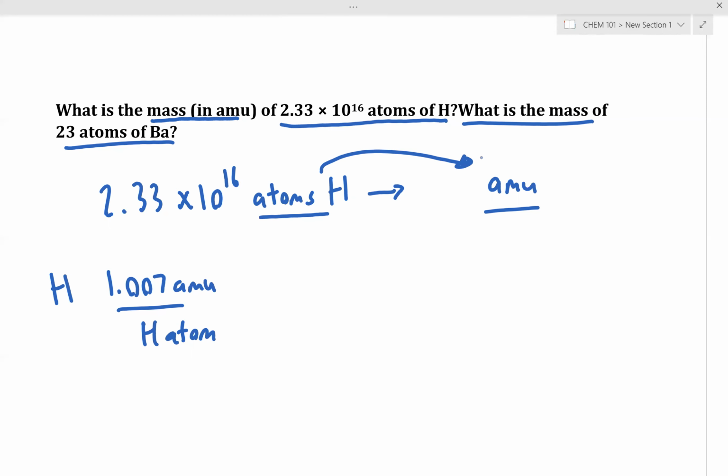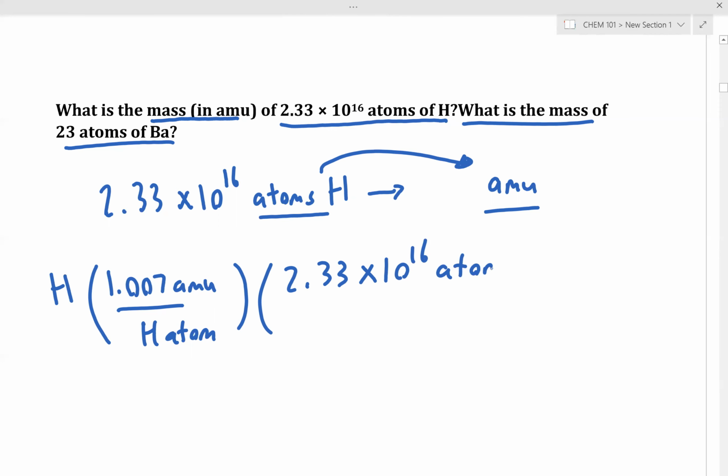AMU, right? So we're going to take our 1.007 AMU per atom and multiply it by the number of atoms, which is 2.33 times 10 to the 16th atoms of hydrogen. So our hydrogen atoms cancel, and we're left with units of AMU.